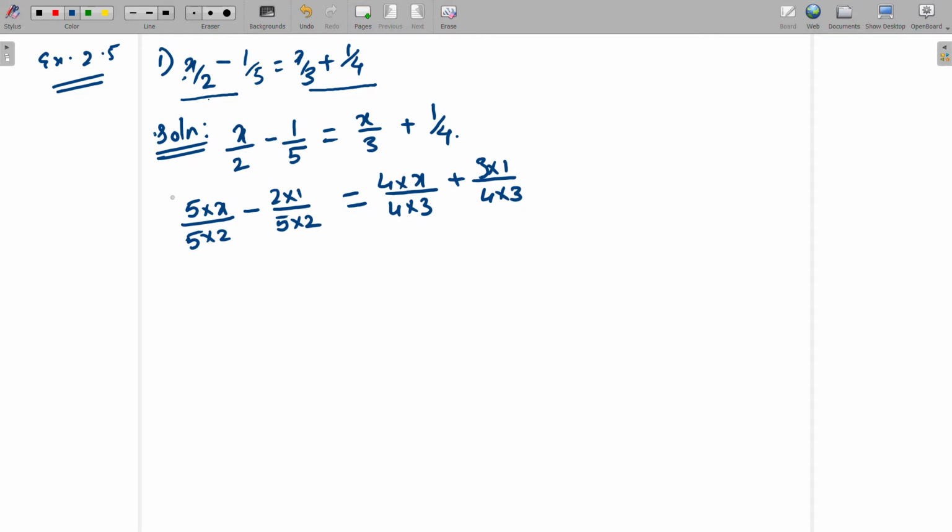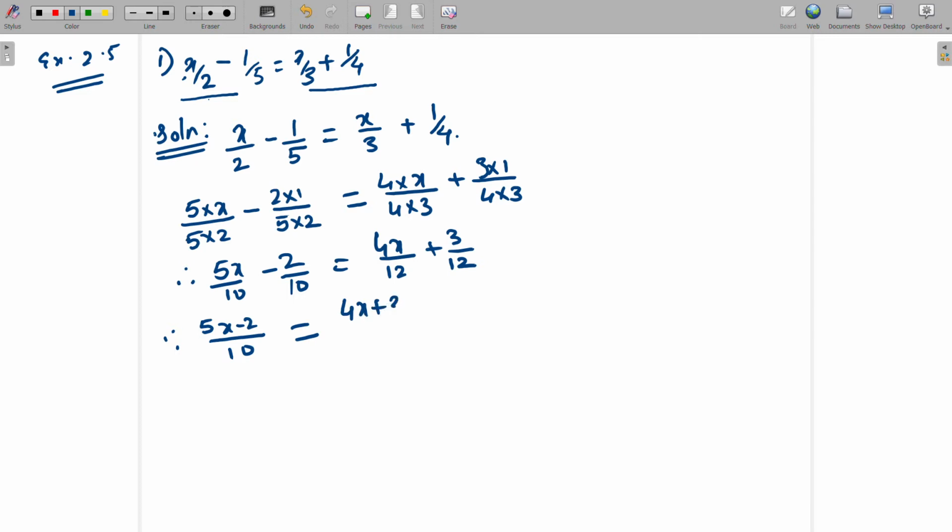So now this becomes 5x by 10 minus 2 by 10 is equal to 4x by 12 plus 3 by 12. Therefore, 5x minus 2 divided by 10 is equal to 4x plus 3 divided by 12.